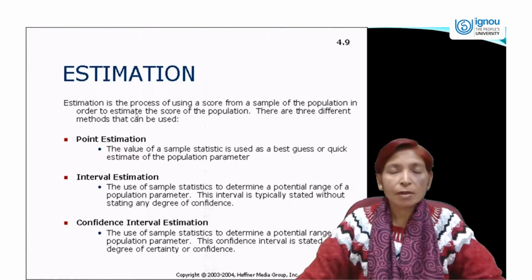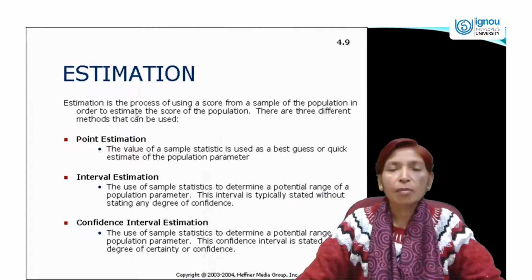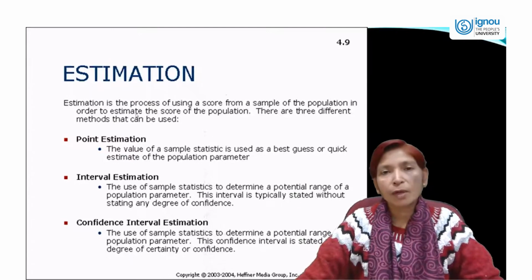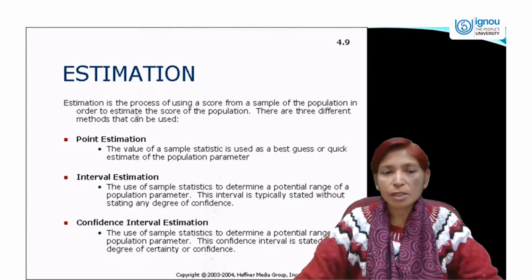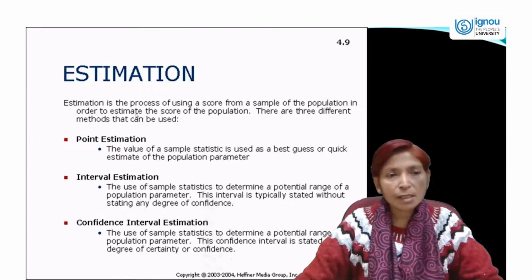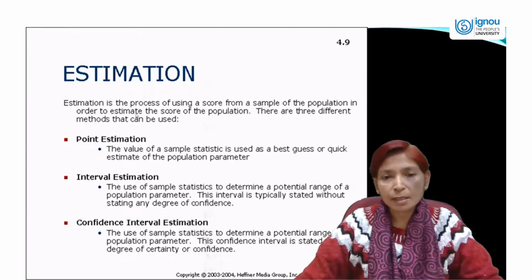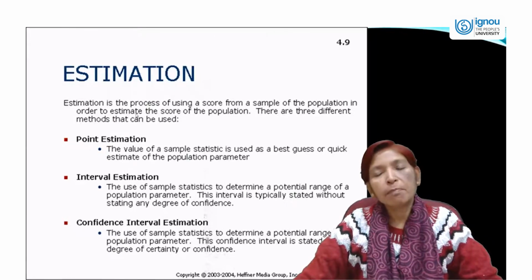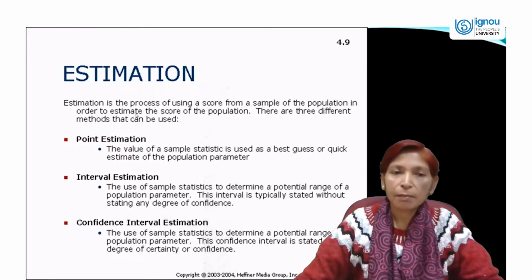The main purpose of statistics is to find a conclusion from the given sample or given data. So these are the three types: point estimation, interval estimation, and confidence interval estimation. With the help of these, we can estimate from the given sample. Point estimation is where the value of a sample statistic is used as a best guess or quick estimate of the population parameter.